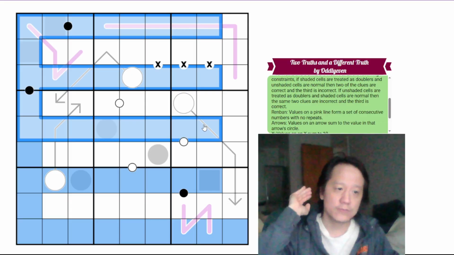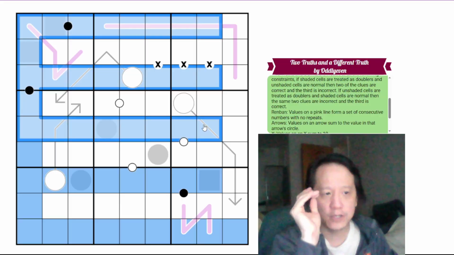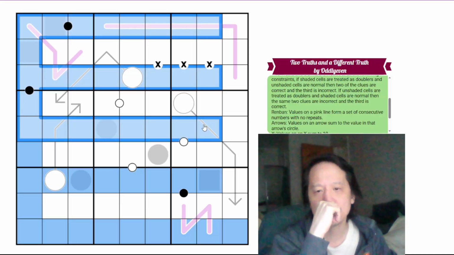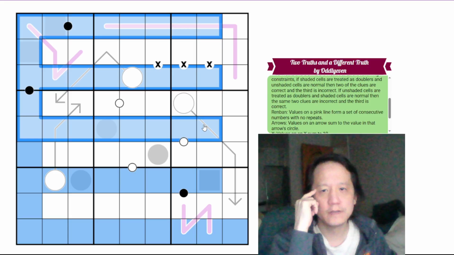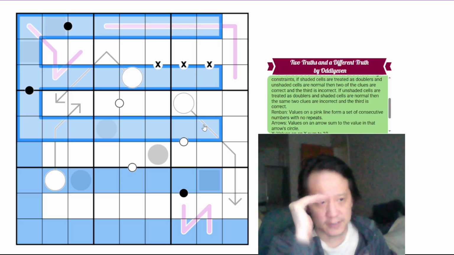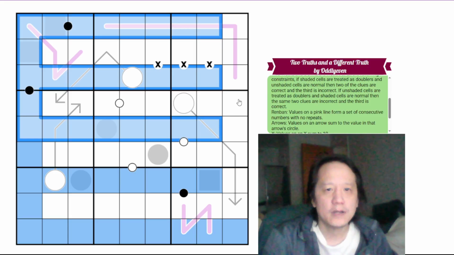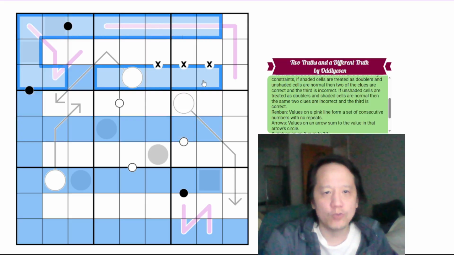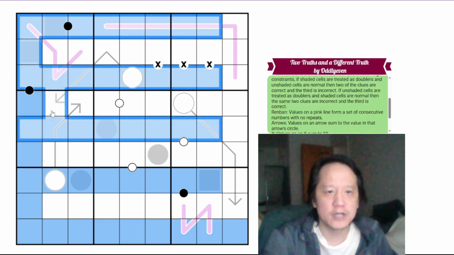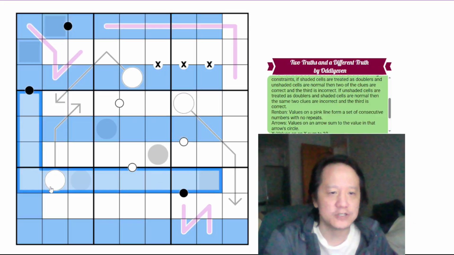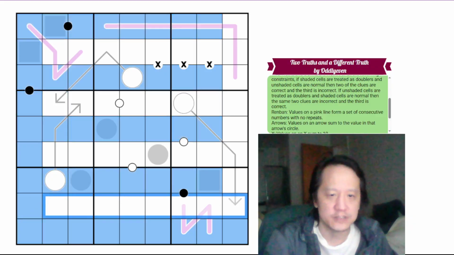So, we know then that the shading stays the same. You have to treat it once as the shading is doubled, and then once as the shading is normal and the unshaded is doubled.